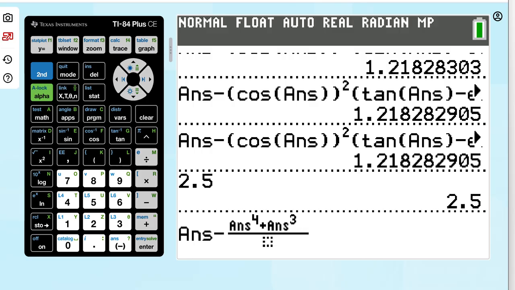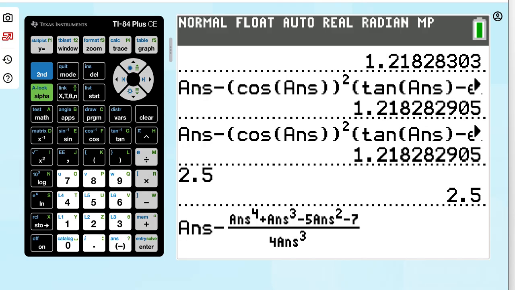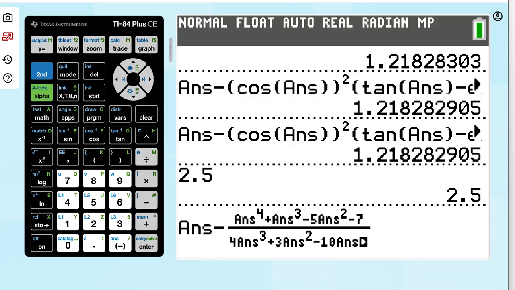And then we had minus 5x sub n squared. And then we had minus 7. And then in the denominator, we're going to have our 4x sub n cubed and we're going to have a 3x sub n squared. And we're going to have a minus 10x sub n.